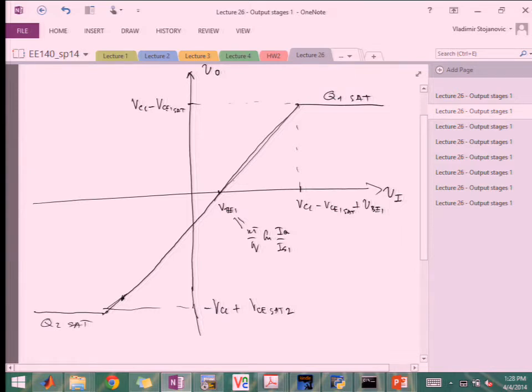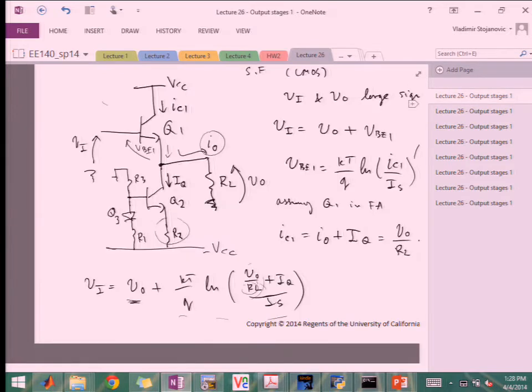Now, there was one condition under which you could do this. And that's the condition that RL is actually very large. Because notice, if VO starts going down, that means that some portion of IQ is actually now going through RL, right? Because IQ is the only one pulling down.